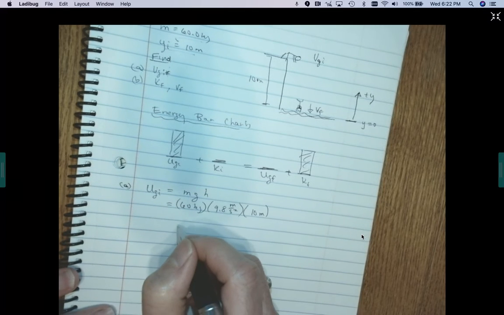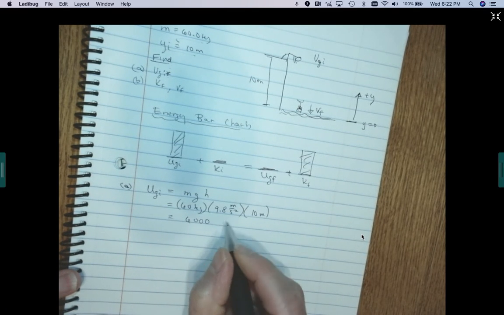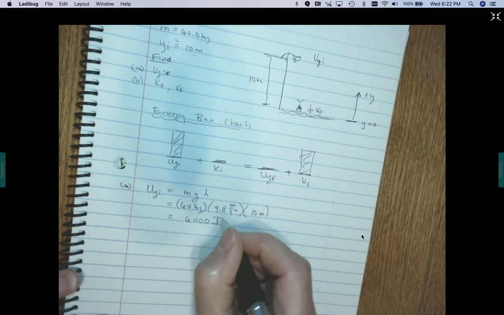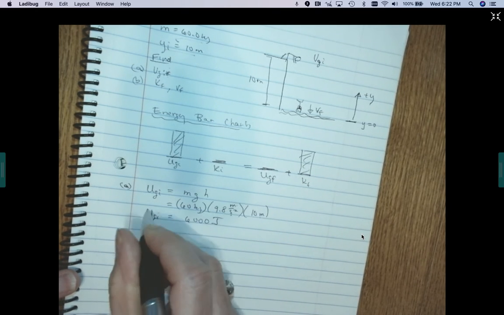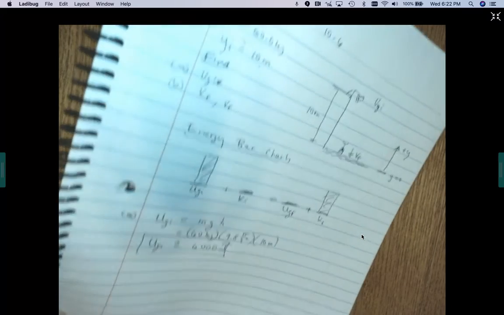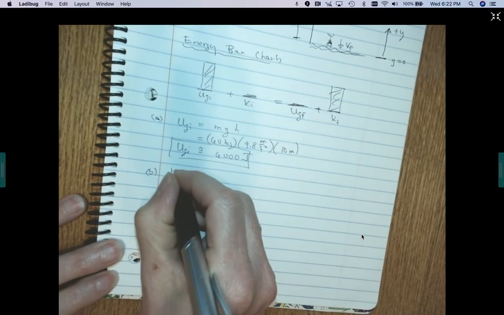Well, that's probably good enough. 6,000 kilogram meter per second squared, that's a Newton, times a meter is a joule. I'll put that as approximate because I rounded 9.8 to 10.